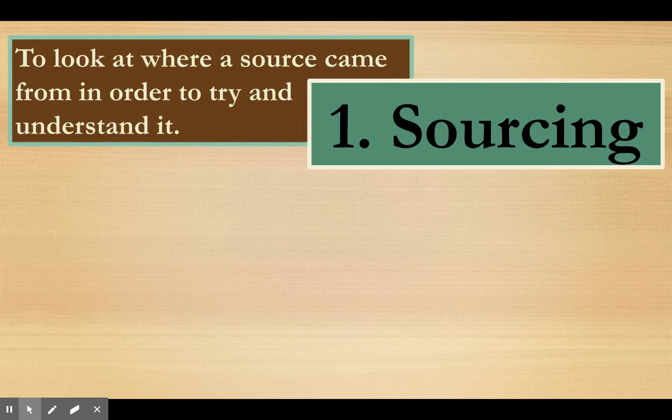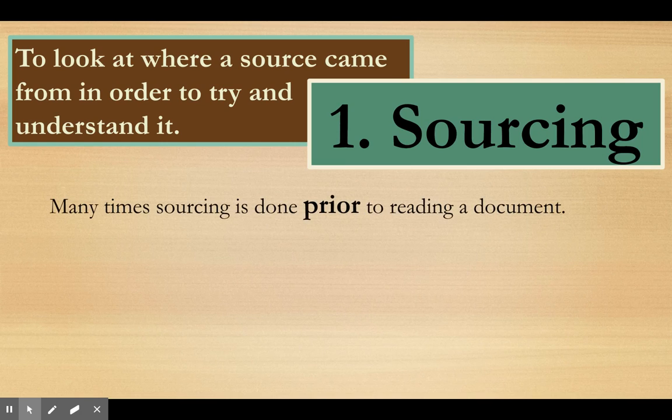All right, you're going to fill in the notes. Sourcing is where you look at where a source came from in order to try to understand it. And a lot of the time, what you do is you figure out the sourcing before you read a document.